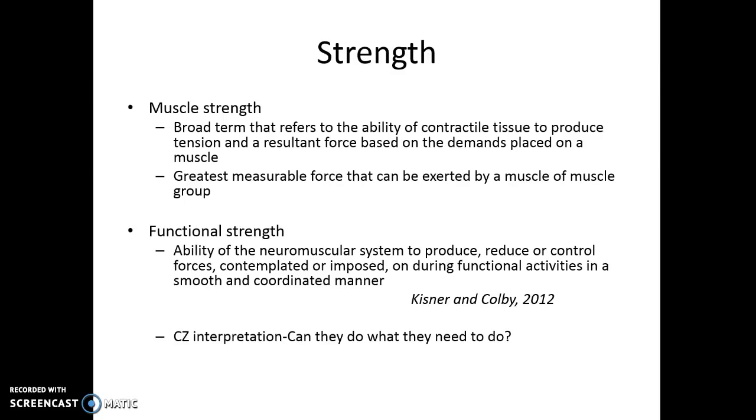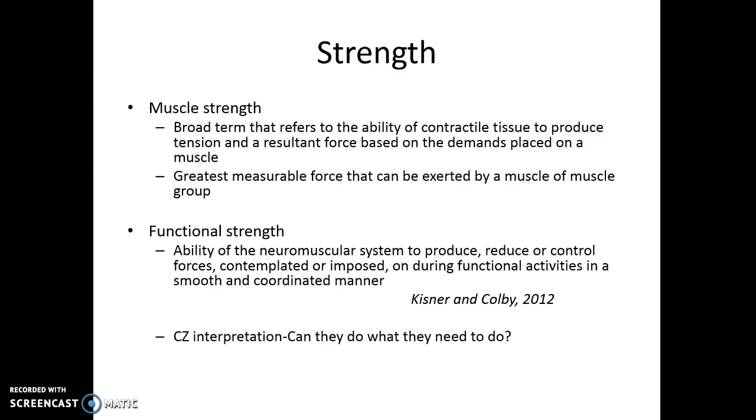So a few definitions. What is strength, or what is muscle strength? Muscle strength is a broad term that refers to the ability of contractile tissue to produce tension and the resultant force based on the demands placed on a muscle. It's the greatest measurable force that can be exerted by a muscle or a muscle group. However, perhaps sometimes more importantly in the physio world is functional strength.